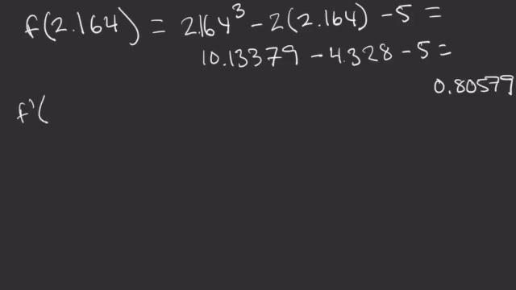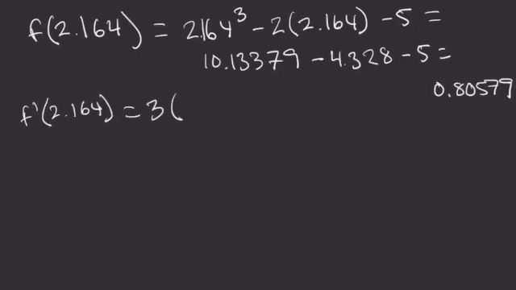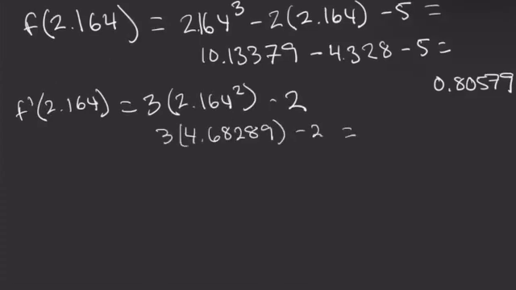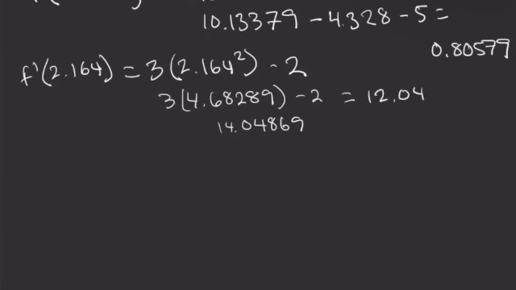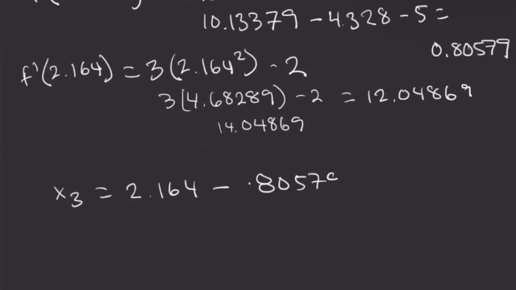So now we can plug 2.164 into the derivative. So now we get 12.04869. Now to get x3, we have 2.164 minus 0.80579 divided by 12.04869.